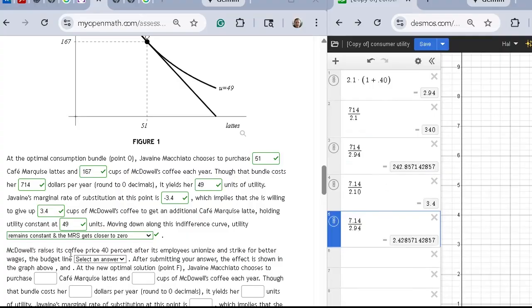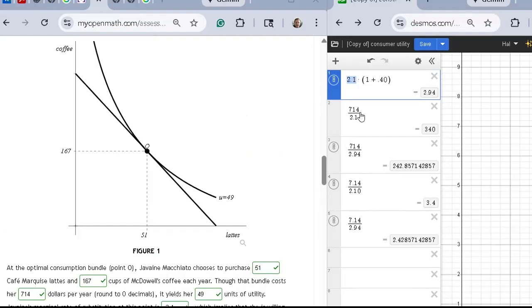When McDowell's raises its coffee price 40%, the coffee price is going to go from 2.1 to 2.94. And that's going to cause the intercept of the budget line to go from 340 down to 242, well, 243 if we round to 0 decimal places. The intercept will come down to about 243.